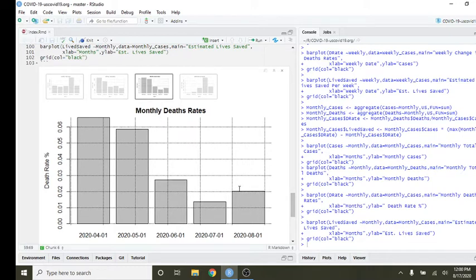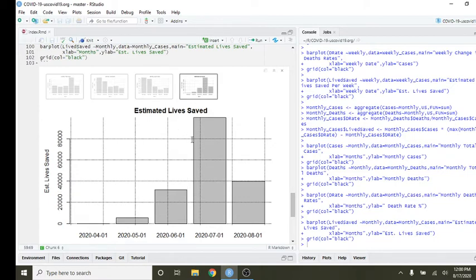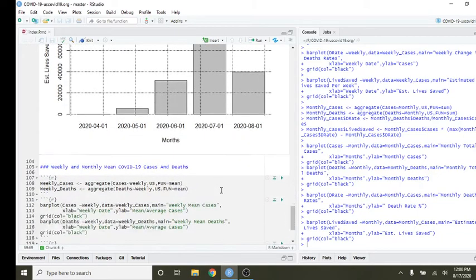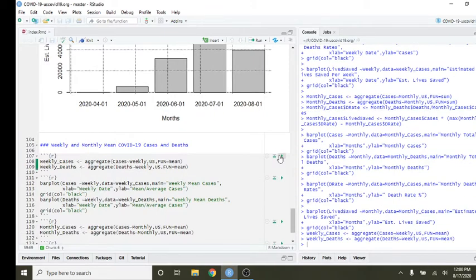Death rate, you can see the death rate is holding around 2%. Estimated lives saved by month. So over 80,000 lives were saved due to a decline in the death rate. Wow. Well, last week was around 40,000 lives saved. Take a look here.